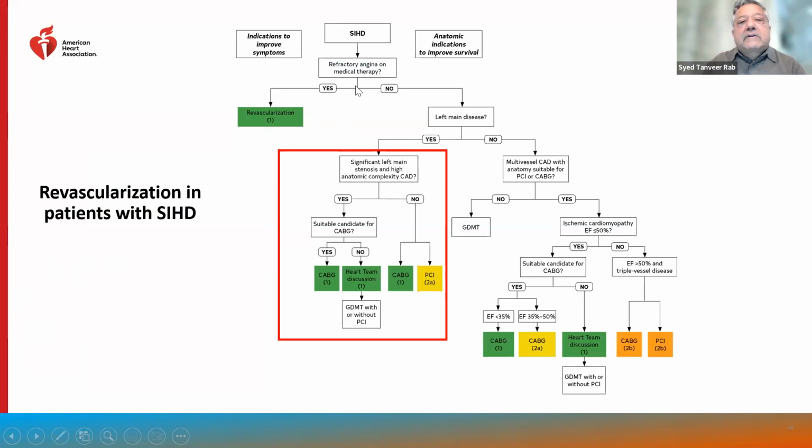If they have refractory angina, you should revascularize. If you don't have refractory angina, maybe medical therapy is good, except in the subgroup of left main disease. And if you have left main disease and there's high complexity, you should think about CABG. After heart team discussion, however, if the complexity is low, you should think about PCI.